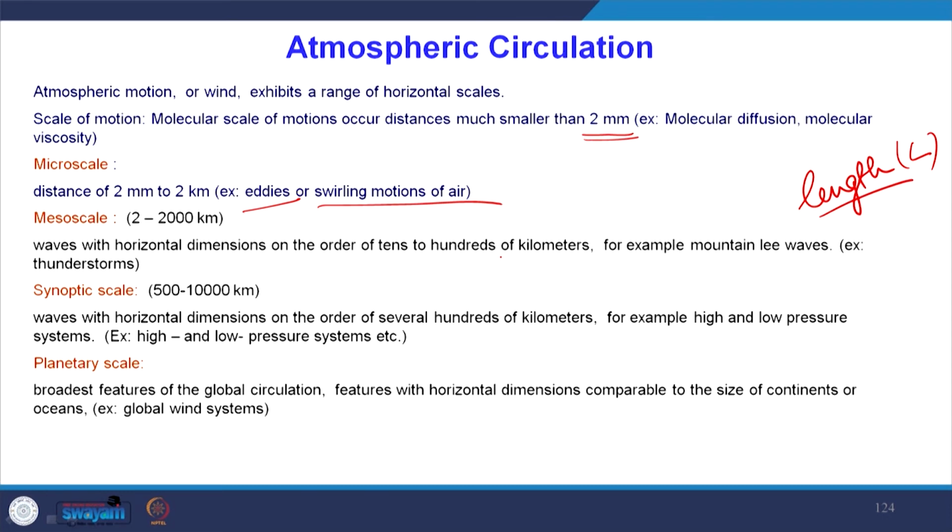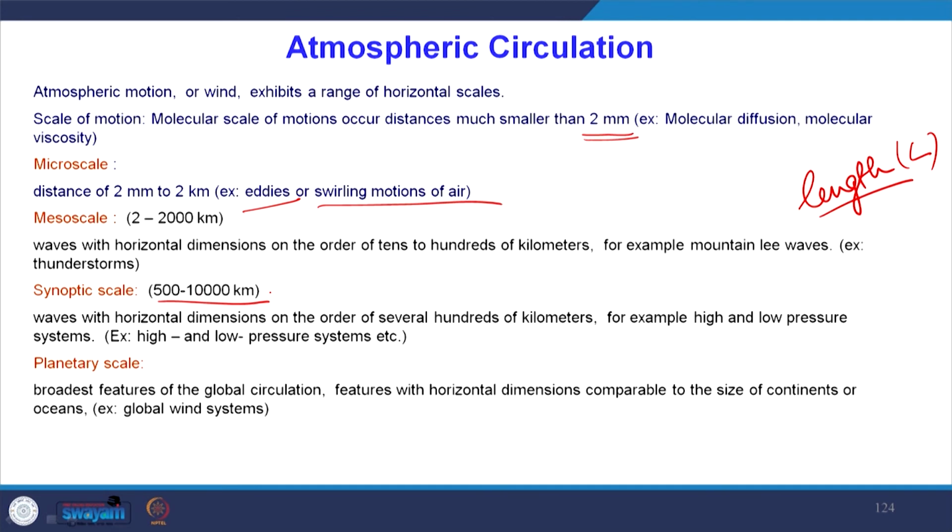The synoptic scale is a more important or more familiar scale of motion in which many of the atmospheric processes happen, and also much of the science is going on. So, synoptic scale is the motion which covers a wide range of scales, 500 to 10,000 kilometers.